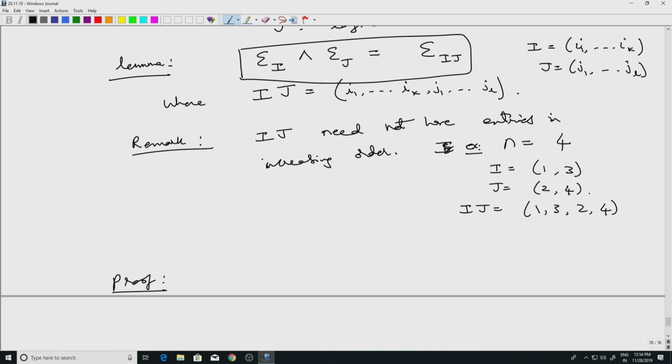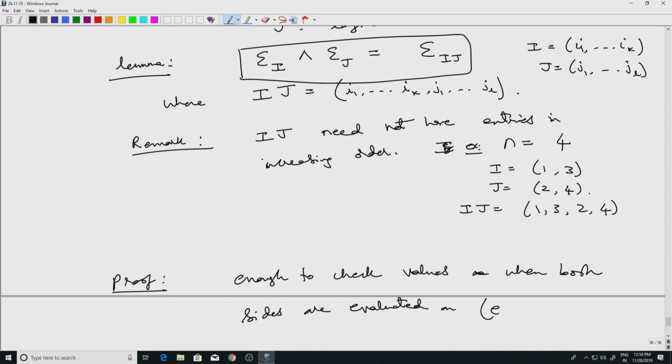So enough to check values when both sides are evaluated on e_P1 all the way up to e_P(K plus L).